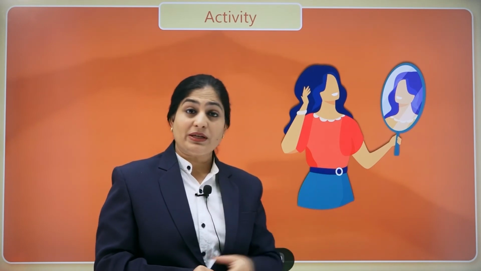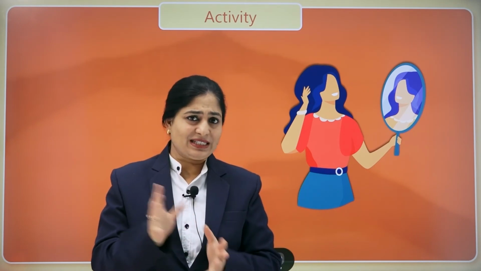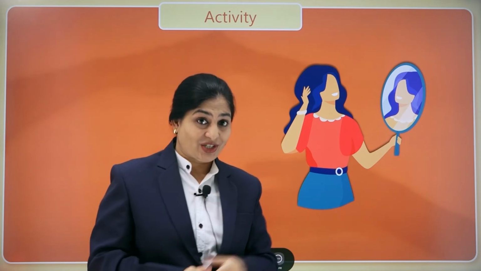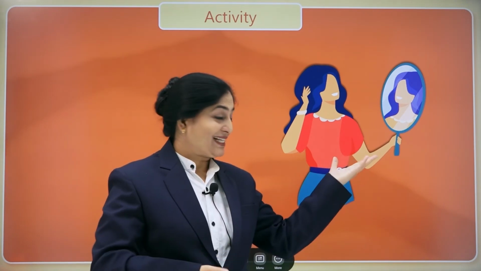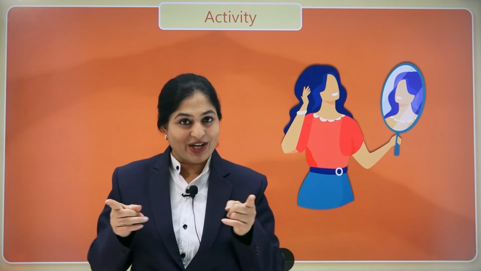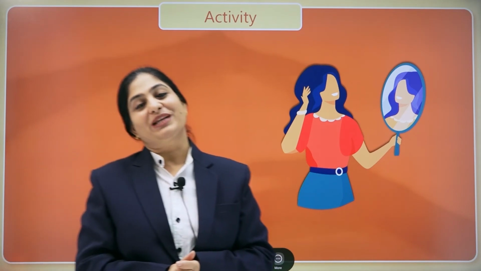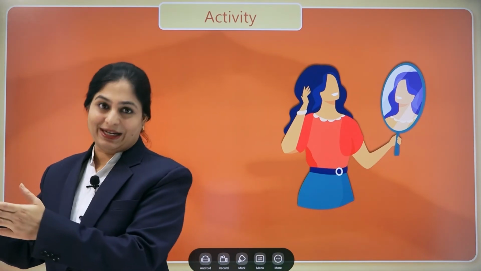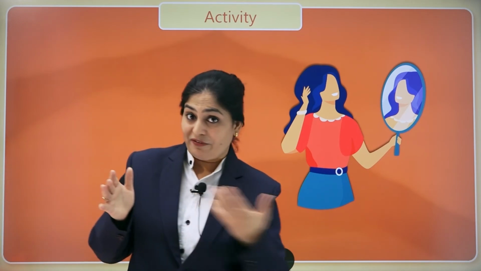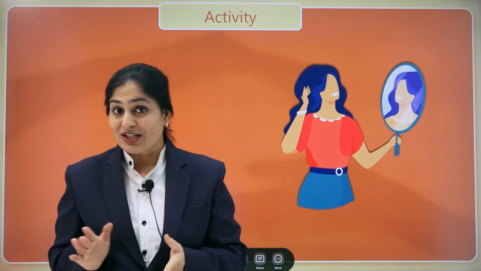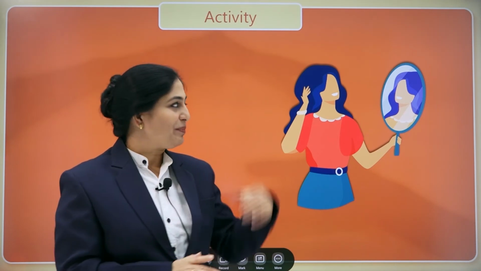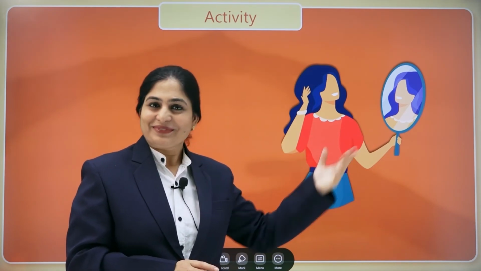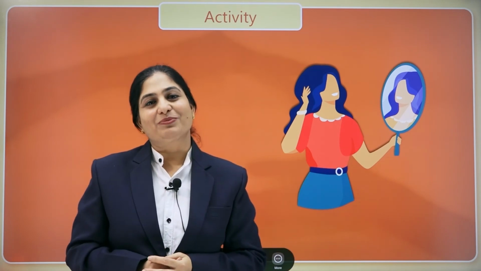Can we see through this mirror? No. Translucent means we can see the other side but only an unclear image. Can we see? No. Opaque means we cannot see the other side. So the mirror is an opaque object because it doesn't allow light to pass through it. Rather, it reflects the light completely, and because of that complete reflection, we can see a clear and sharp image in the mirror.